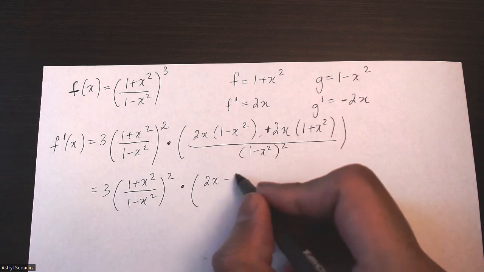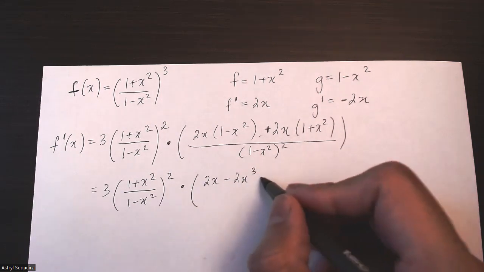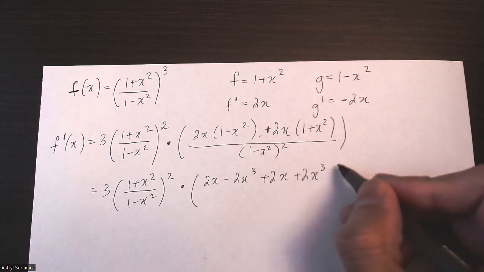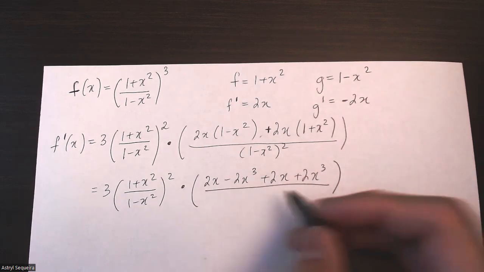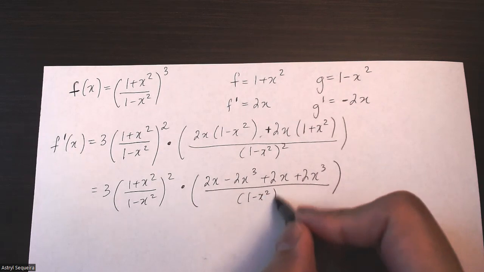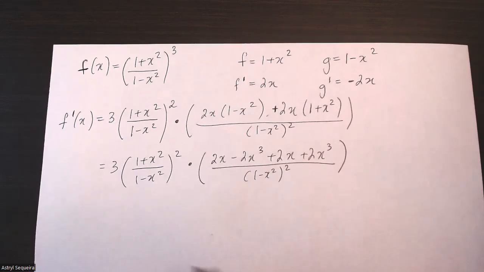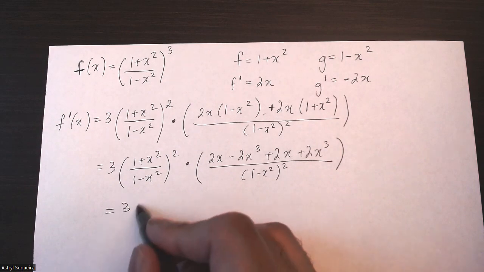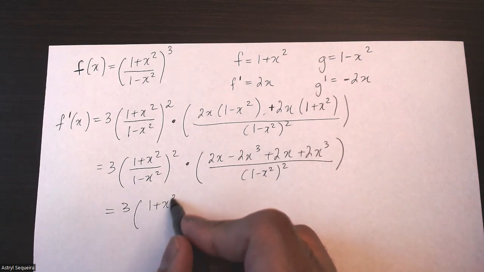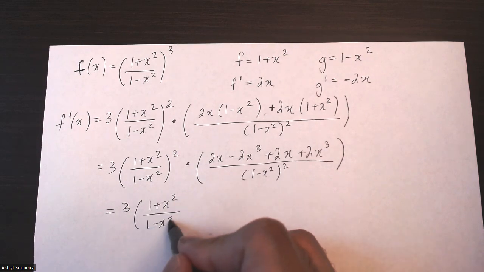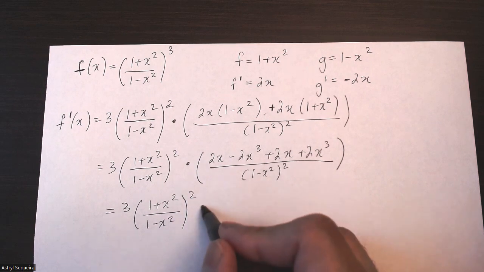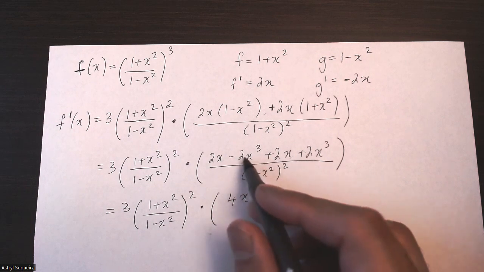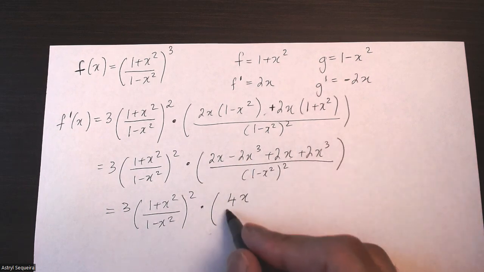So that's 2x minus 2x cubed plus 2x plus 2x cubed divided by 1 minus x squared squared. Next, I'll combine like terms up over there. 2x plus 2x is 4x. Negative 2x cubed plus 2x cubed just cancels out.